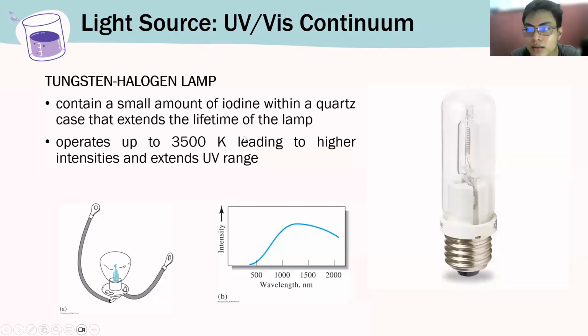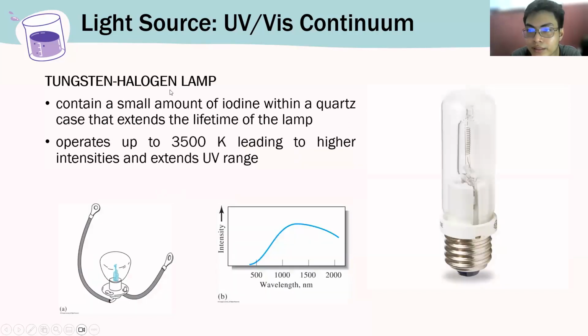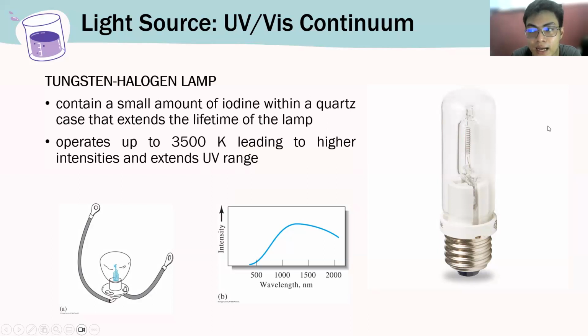So the physicists and chemists, instead of having air or nitrogen, added halogen, iodine vapor. By changing the atmosphere to iodine, which doesn't react with the tungsten, the life of the lamp is longer. The plain tungsten lamp breaks easily, but with iodine, its lifespan lasts longer.